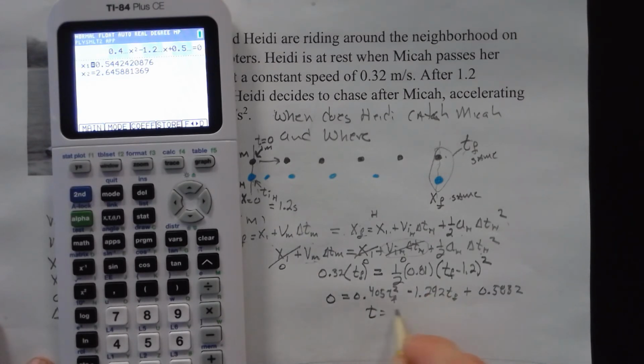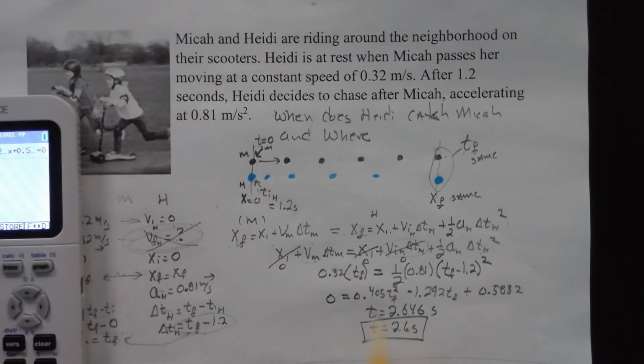We get a time of 2.646. But it's 2 significant digits, so we get a time of 2.6 seconds for our answer. And there we go. Now to find the distance, we would take that time and put it back into the equation for Micah and find out how far Micah went.